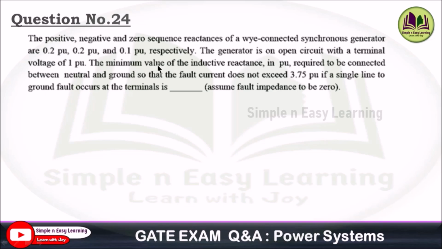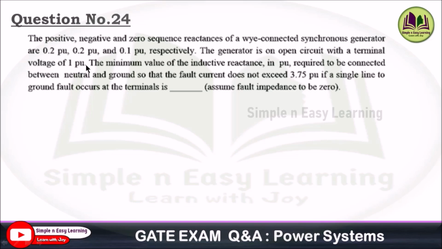The question asks for the minimum value of inductive reactance in per unit required to be connected between neutral and ground so that the fault current does not exceed 3.75 per unit if a single line to ground fault occurs at the terminal. Assume the fault impedance to be 0. The fault impedance is assumed to be 0 and the sequence impedances are given.